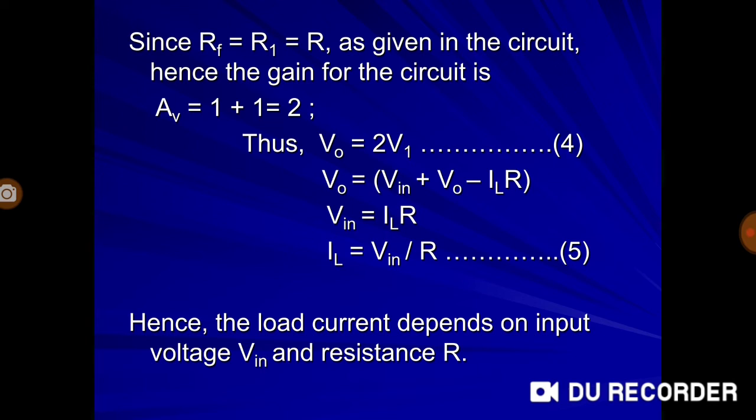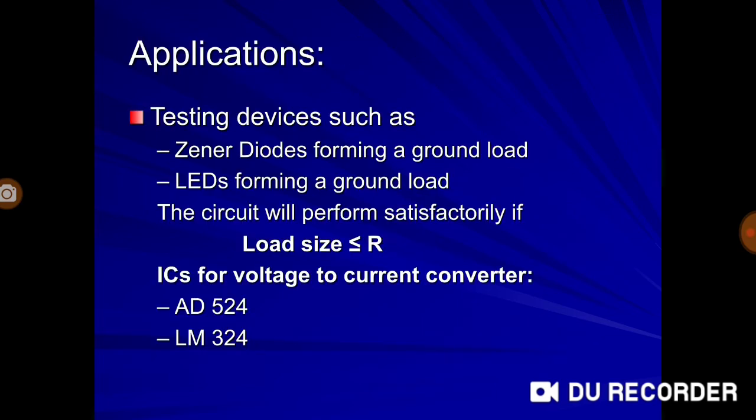Hence, input voltage gets converted into load current. So it is a voltage to current converter with grounded load, because here the load is grounded.